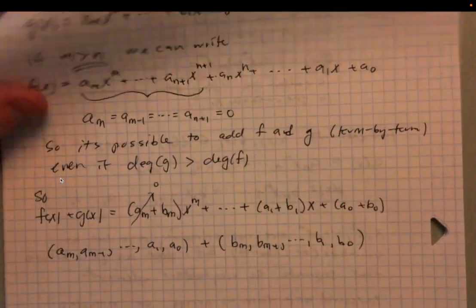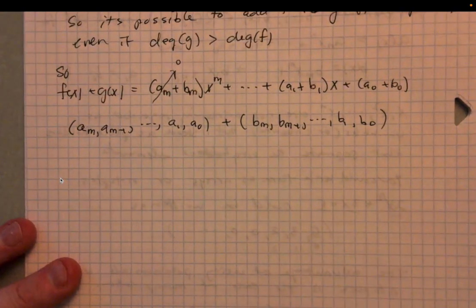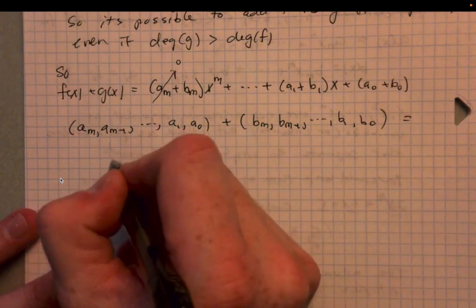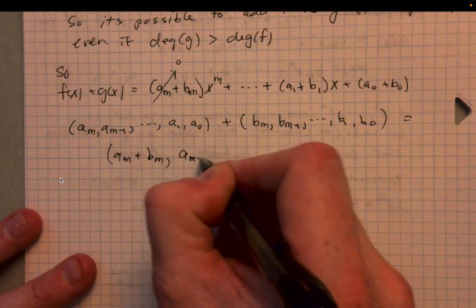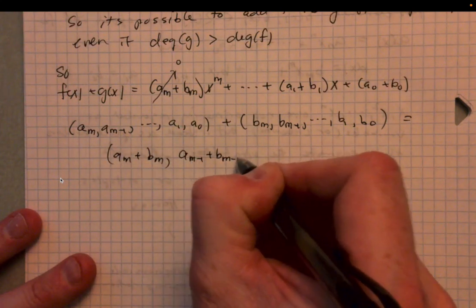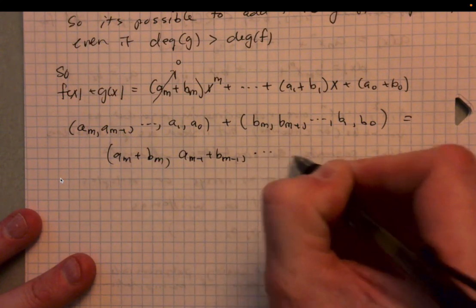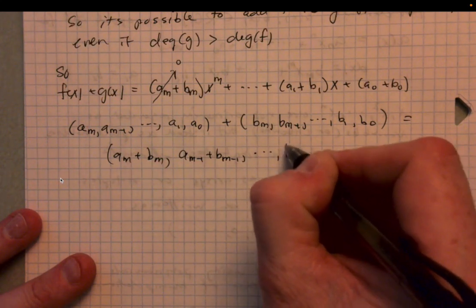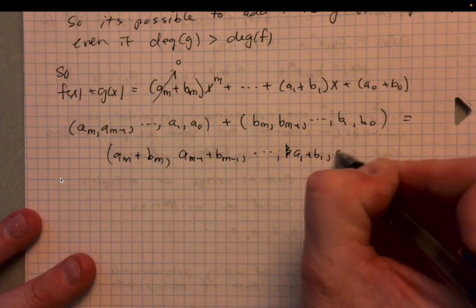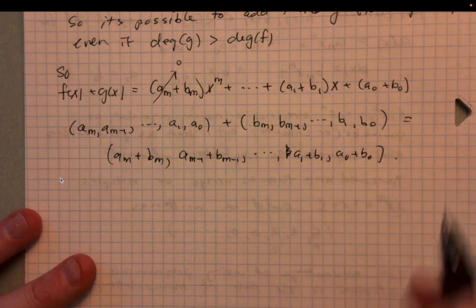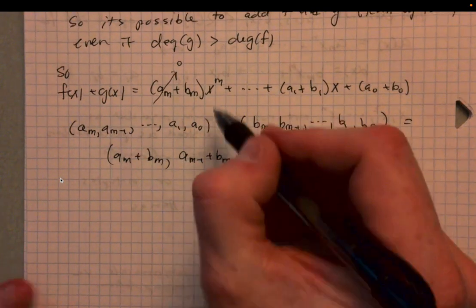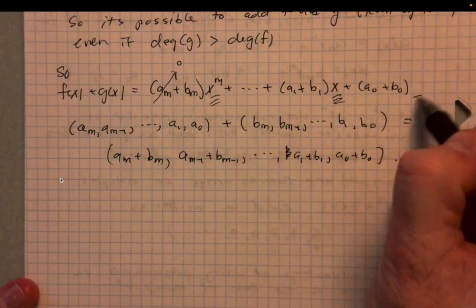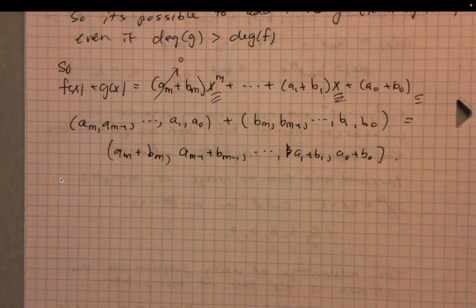Component-wise addition on an m-tuple like this would just be a_m plus b_m, and then a_{m-1} plus b_{m-1}, and so on. So it's really the same idea. When we say that these things function as placeholders, we really do mean it, especially from the standpoint of the ring operations.